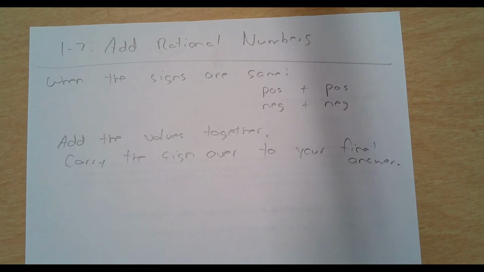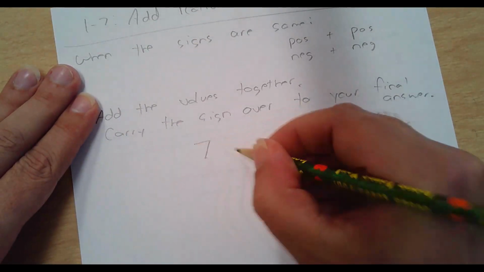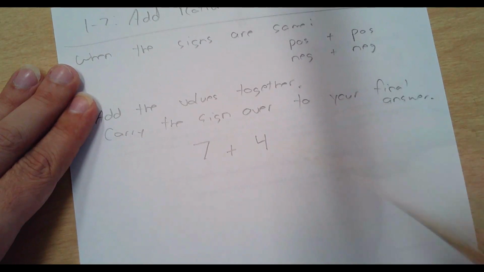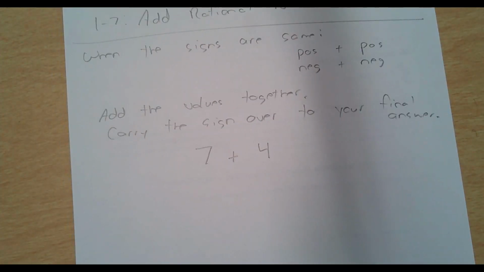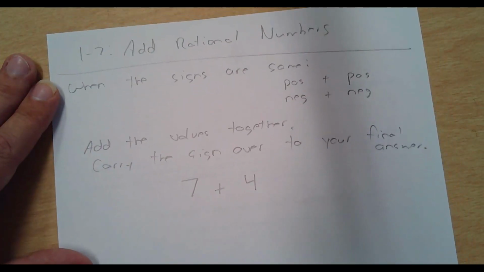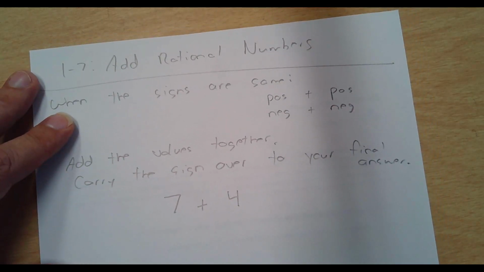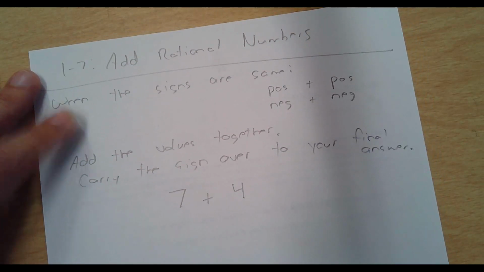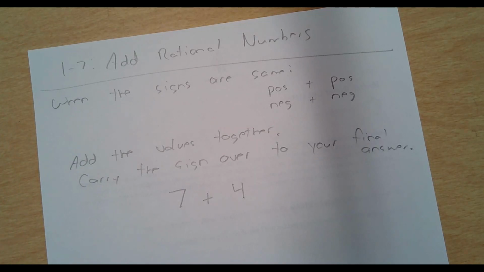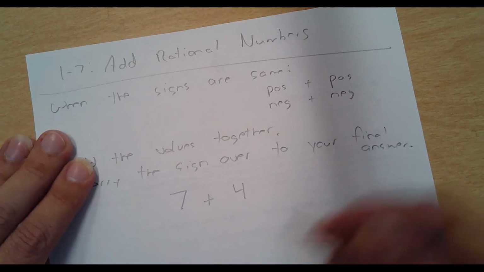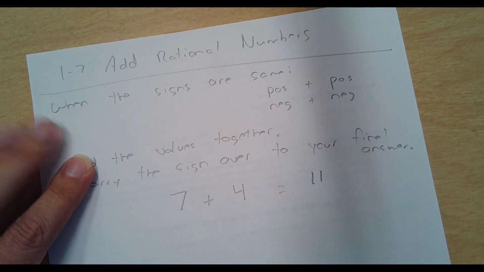So just to illustrate this, I'm going to use some very simple numbers to drive this home. 7 plus 4, all right? Positive 7 plus positive 4. This is by far the easiest of all of them to understand, because we know that when we have two positive values and it's adding, we just add the values together. 7 plus 4 is 11.